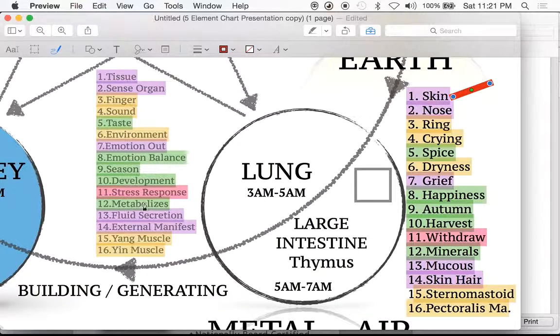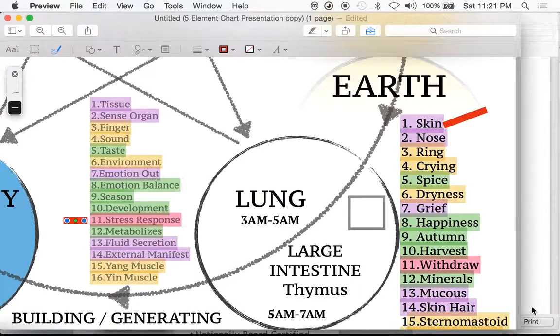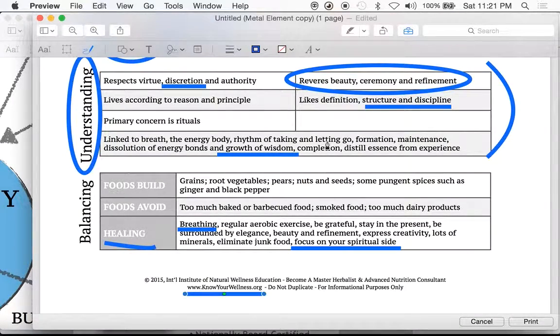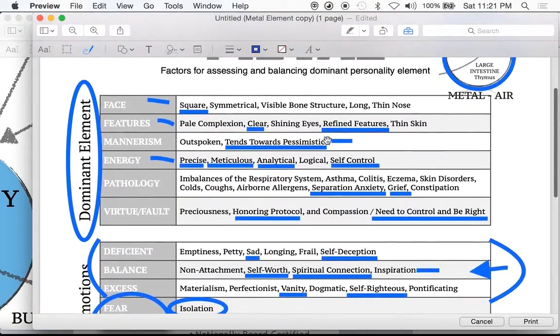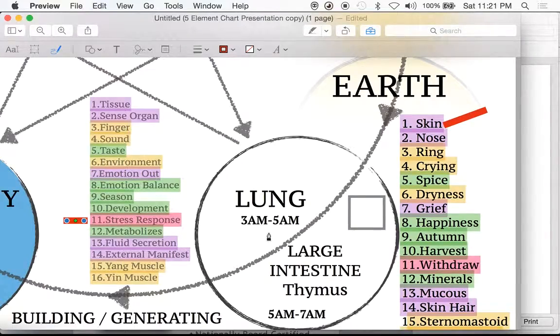But the first one I want to point out is number 11, since the first part of our discussion revolved heavily around deciding what your dominant element is. There are two things that are not made clear on the chart that you have, that are made clear here.